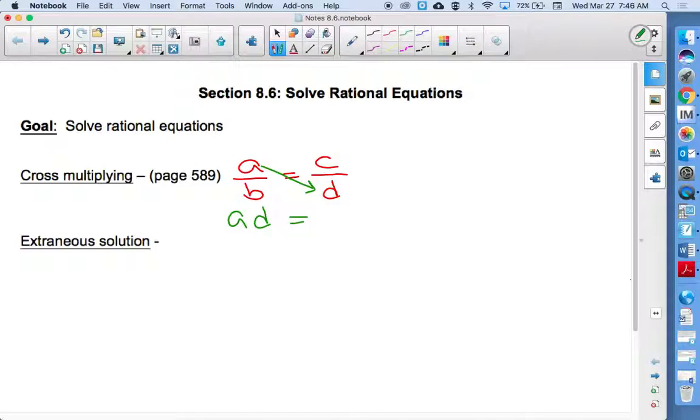You still have the equal sign. And then again, you're doing the same thing. The numerator of the right, the denominator of the left. So cross-multiplying is one method, and we'll talk about 2, that we can use to solve rational equations.